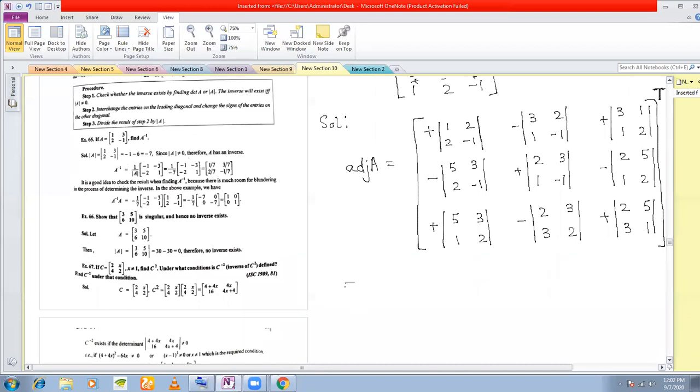Now you calculate all the determinants. This is minus 1, minus 4, which is minus 5. Minus 3, minus 2, again minus 5. In fact, minus of minus 5, which will actually give you a plus 5.